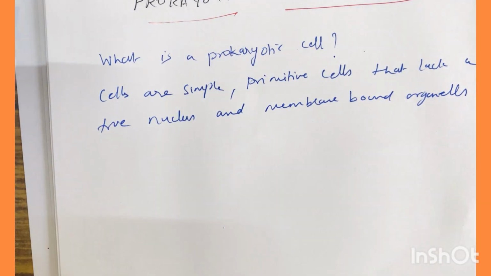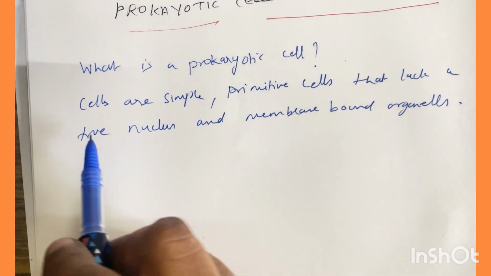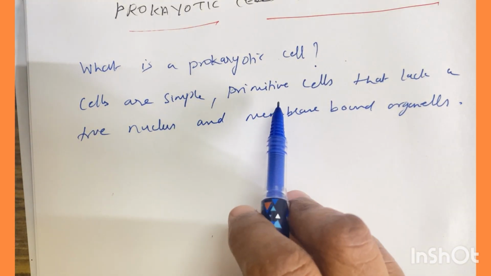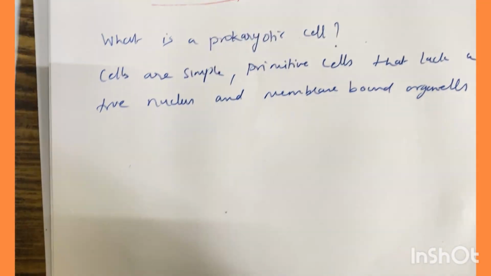Okay, so this is how we can define our prokaryotic cell. These are the cells which are simple, primitive and lack a true nucleus and membrane bound organelles.